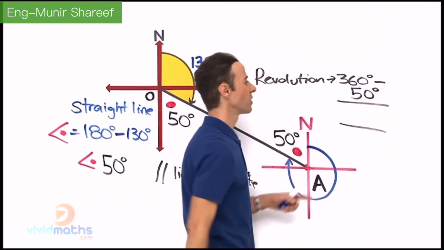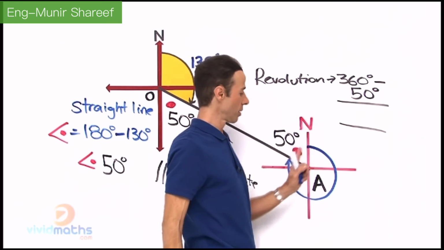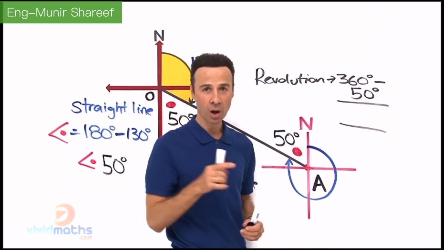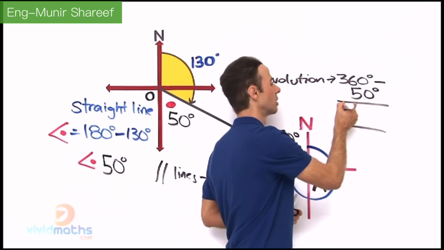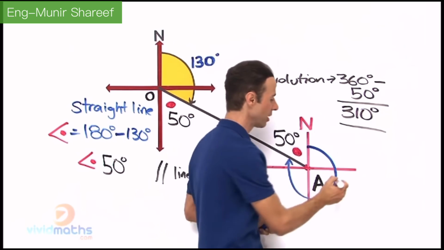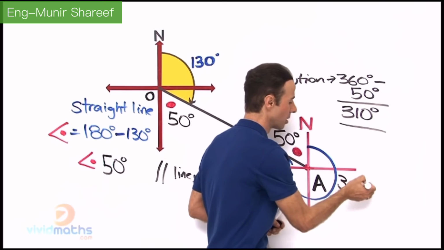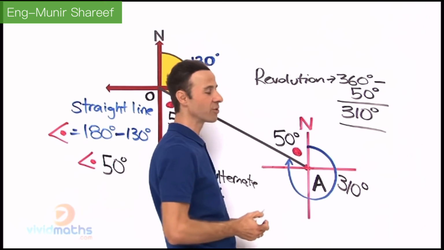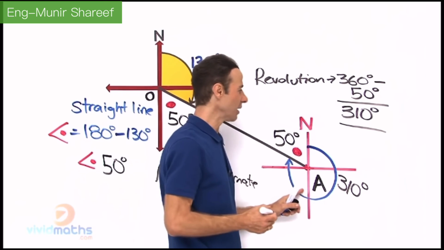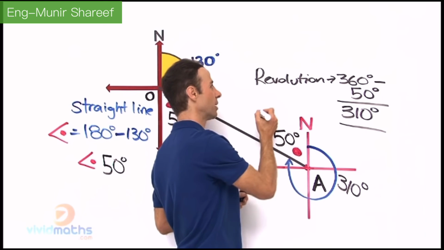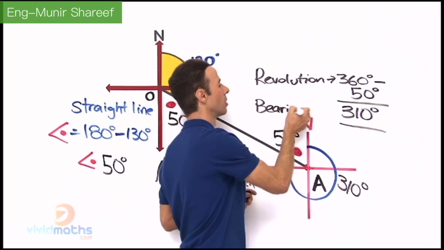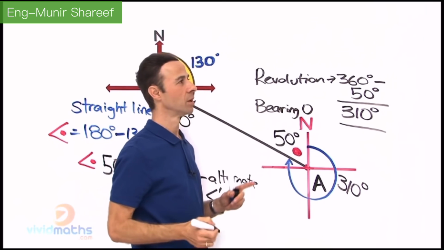That's going to give us the bearing all the way around there, which is 360 take away 50, on your calculator, 310 degrees. Let me mark it out right here. All the way across there, 310, that's the bearing. Let's write in what that bearing is. That bearing right there is the bearing of O from A.